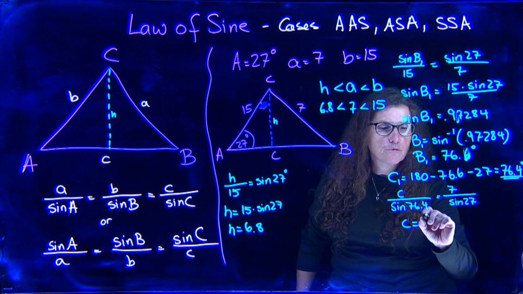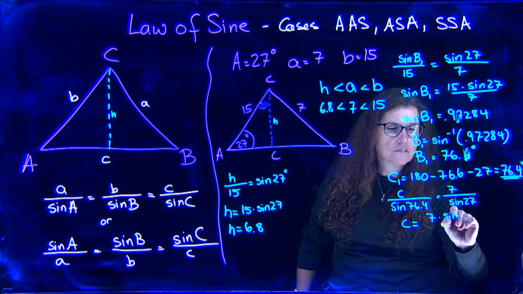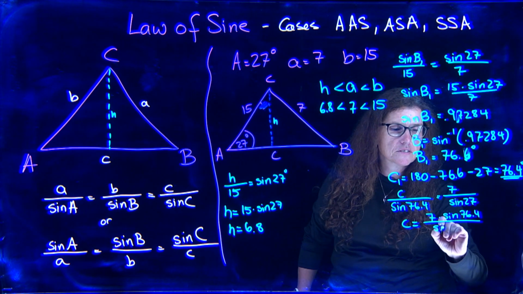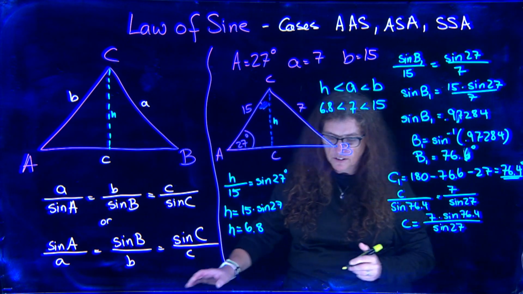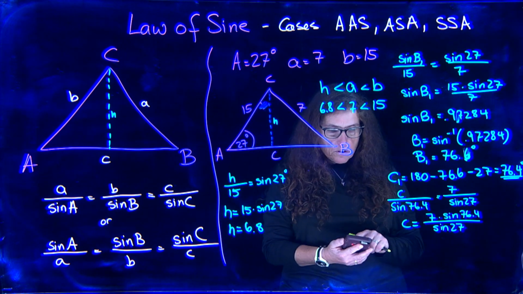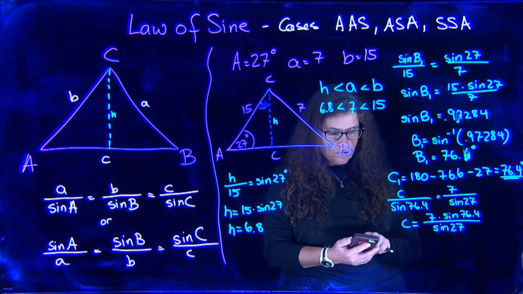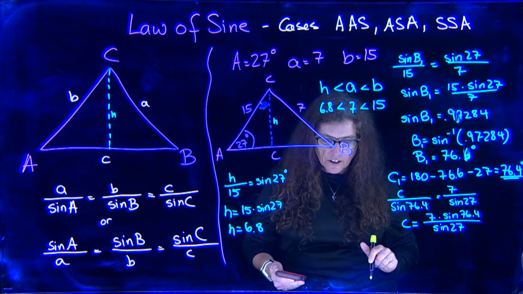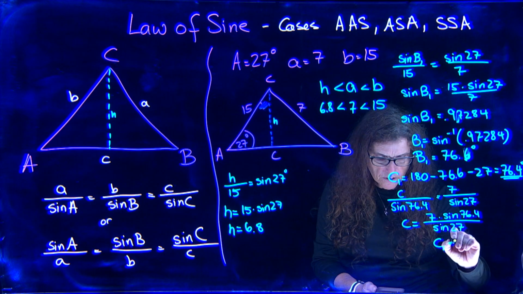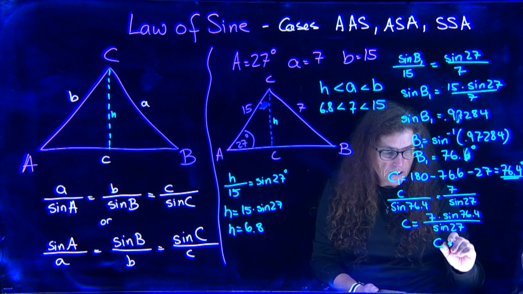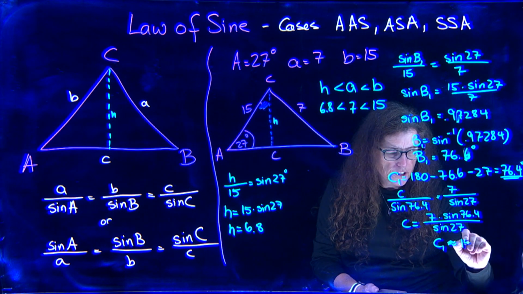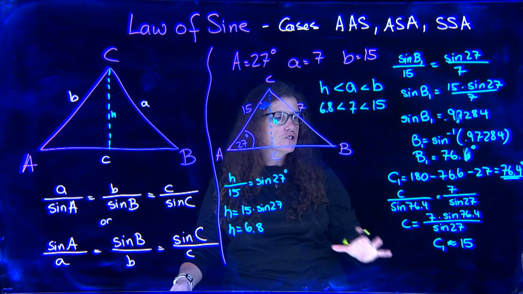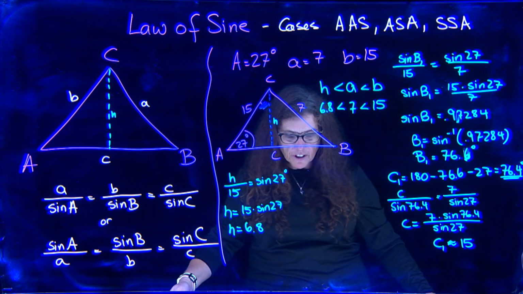So C equals 7 times sine of 76.4 divided by the sine of 27, and that would be C1, 14.98, so let's say approximately 15 units. So that would be the relationship for the first triangle.